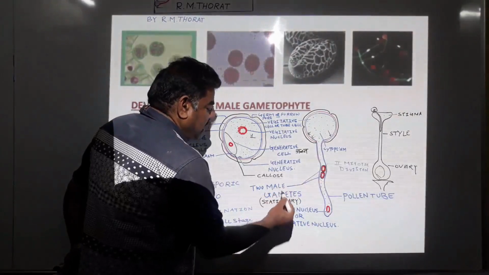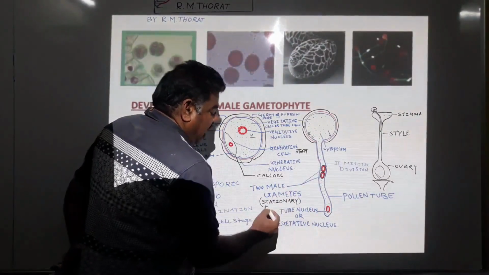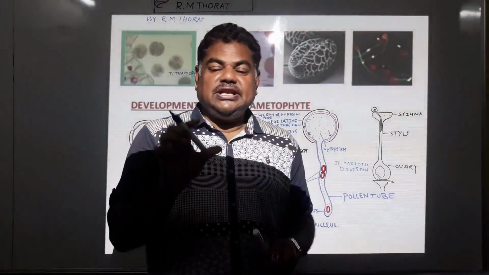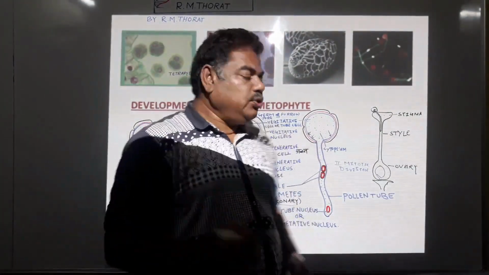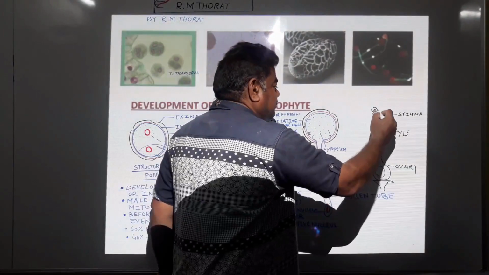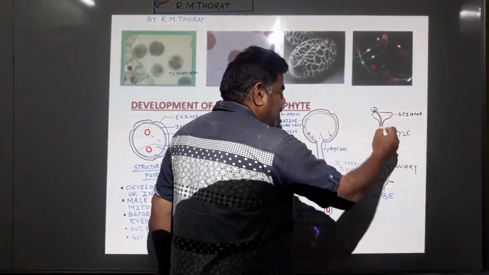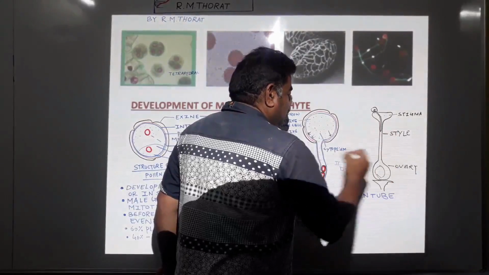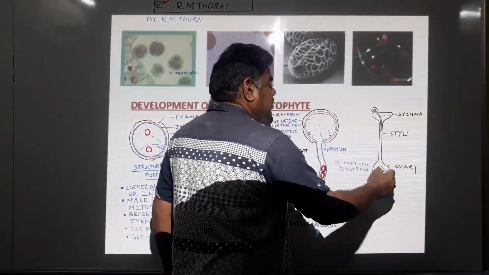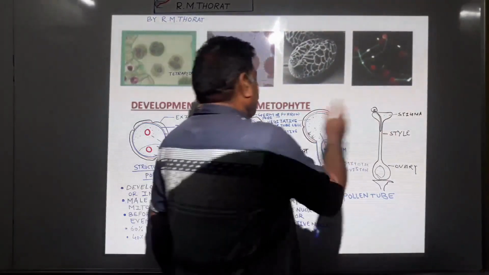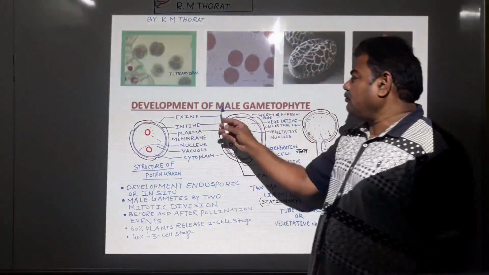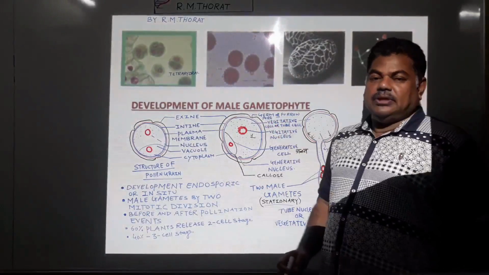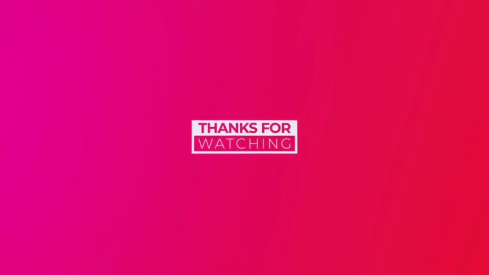These two male gametes are stationary in nature, meaning they do not move. Due to this, pollen tube formation takes place, and the pollen tube moves and ultimately carries these male gametes up to the egg. These all are the development of the male gametophyte.